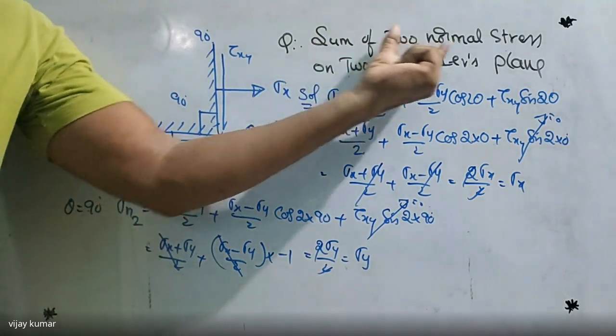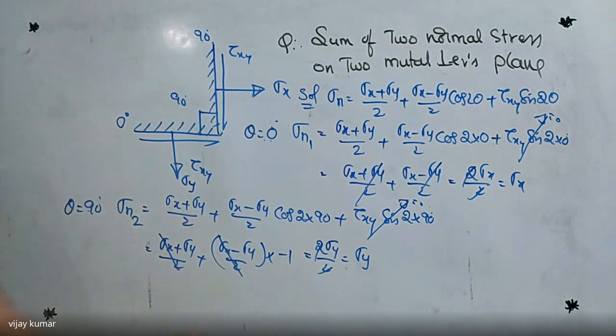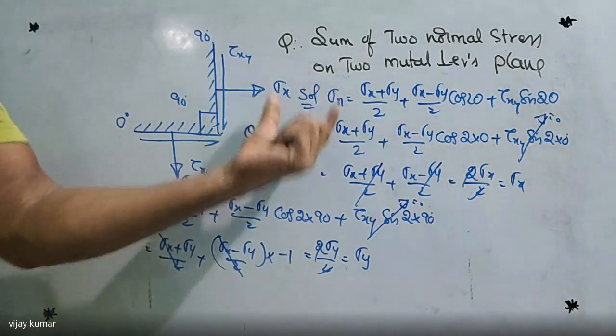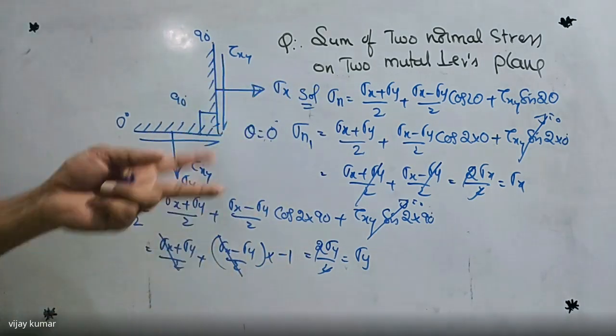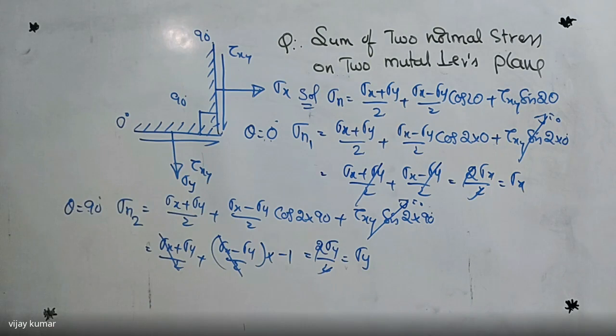The sum of the two normal stresses. I could give a more detailed analysis of this, but we can solve this problem in two steps only: substitute theta equal to 0, substitute theta equal to 90, and we get the value directly. So we can solve this problem within 1 minute.